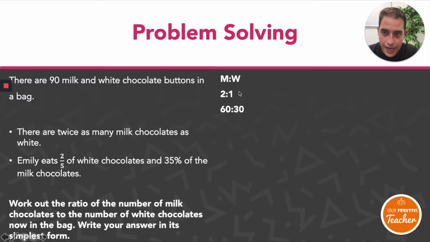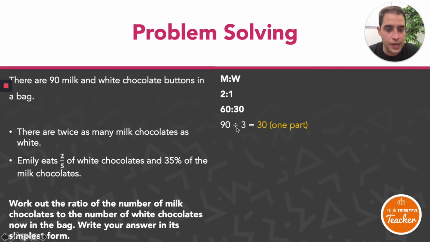So if that's the case, then how do we work? We get the ratio of 60 to 30, but how did I do that? Have a little think. What do we know about working out the parts? We have the total value. We divide it by the total number of parts here, which is 3.